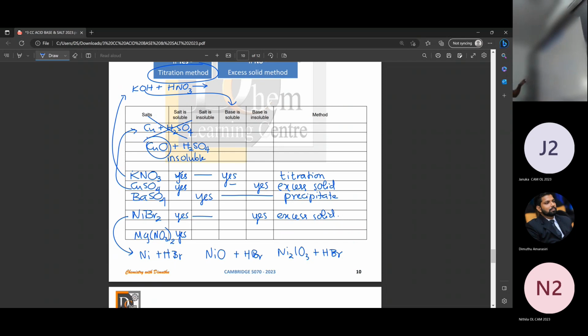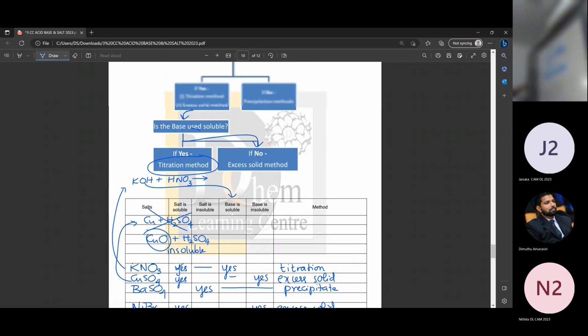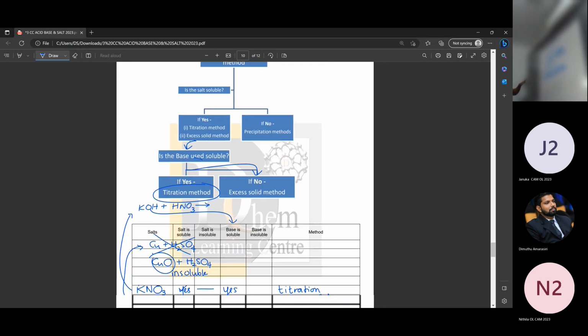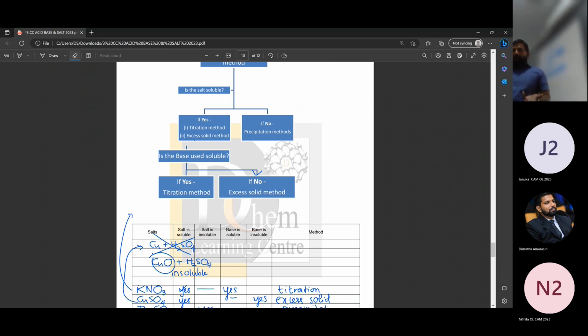Now, after doing this exercise, like doing many examples, there may be some rules of thumb that you can follow for salt preparation. Rules of thumb means rules which are not 100% theoretically correct, but most of the time they're going to work. What are they?